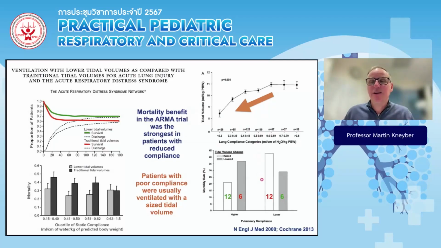And what was interesting, if you stratify the patients by their baseline lung compliance and examine the patients with a high baseline compliance, those randomized to 12 ml per kg, they did fine. Those randomized to 6 ml per kg experienced increased mortality, and vice versa for the low compliance group, of course. So having a relatively well-preserved compliance, giving low tidal volume, made for higher mortality in those subjects.